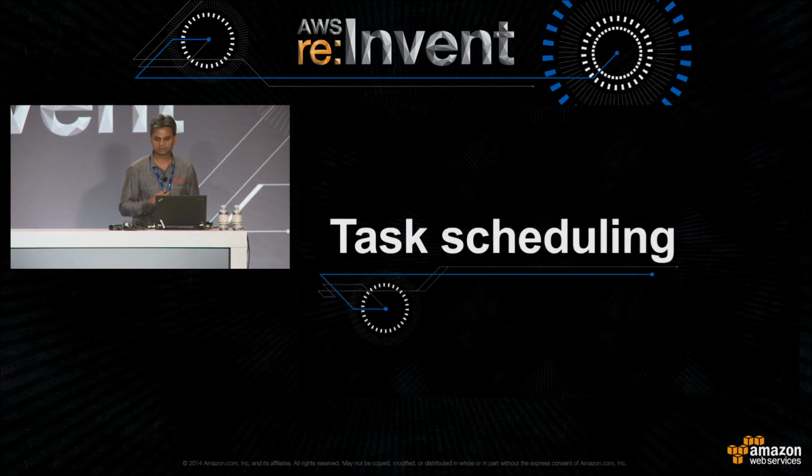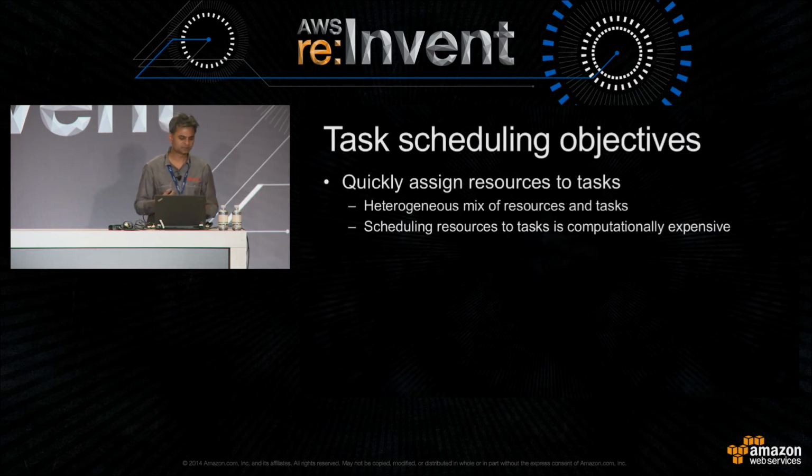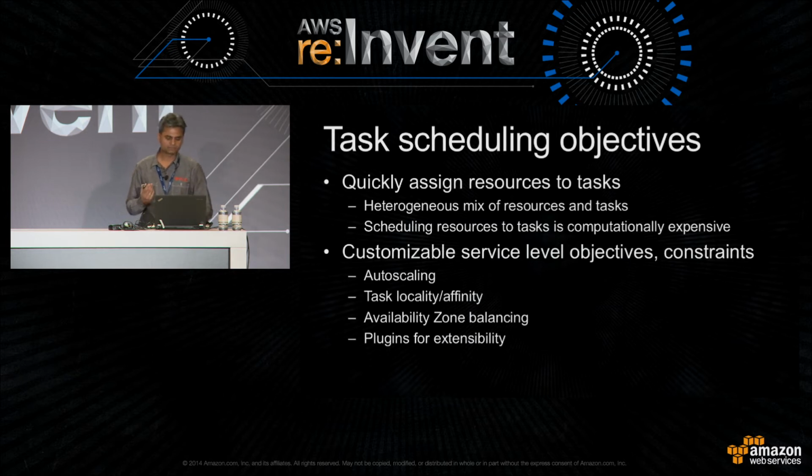So let's get into the scheduling. A couple of high-level objectives are that we want to schedule very quickly, because scheduling can be a compute-intensive problem. And then we have a heterogeneous mix of tasks, with resources of different sizes and shapes. And then, well, we want to have some service-level objectives for the scheduling itself, autoscaling, task locality, and affinity that people can define between their tasks.